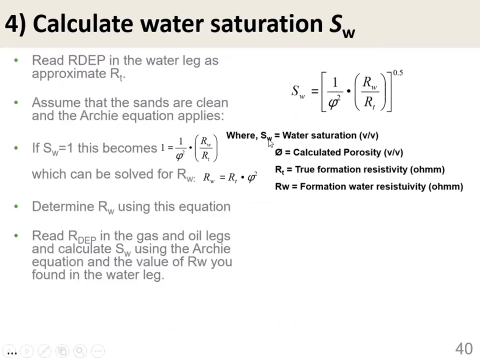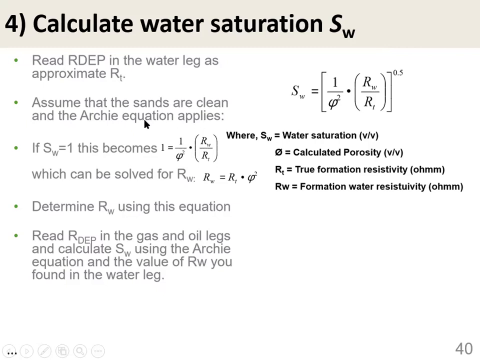And the next thing would be to calculate the resistivity of the water zone, water resistivity. You read the deep resistivity measurement in the water leg, and on the assumption that it's a clean sand, Archie's equation applies.